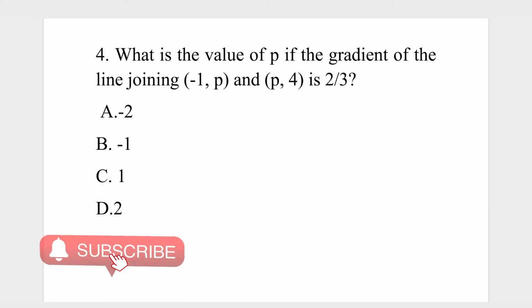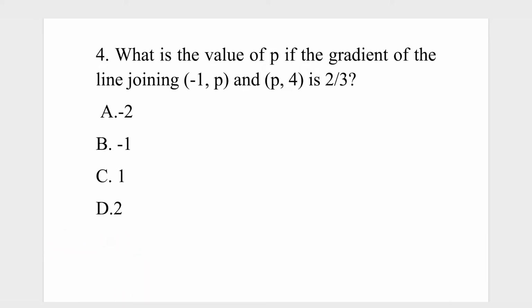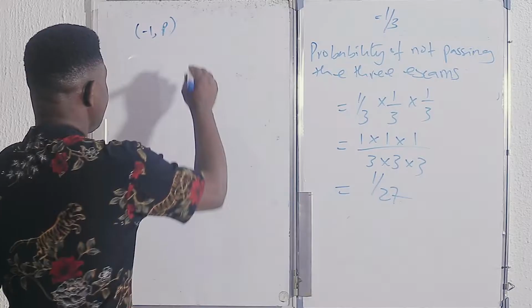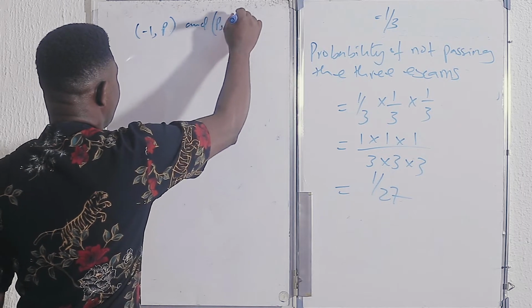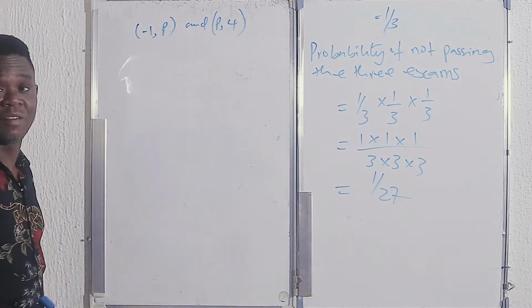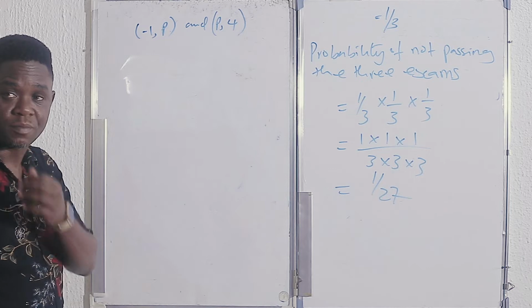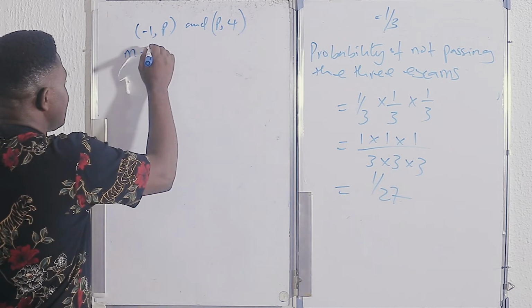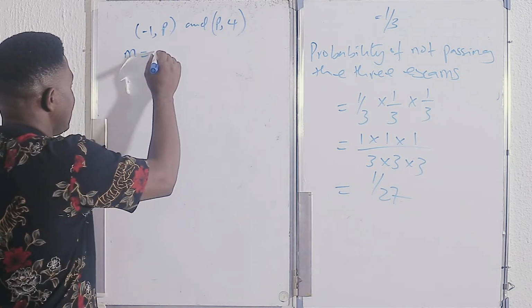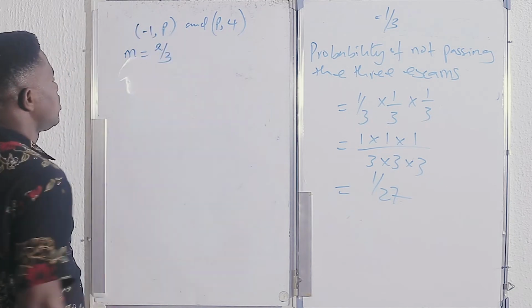The first point is -1 and P, and the second point is P and 4. And then we are given that the gradient M is 2 over 3.